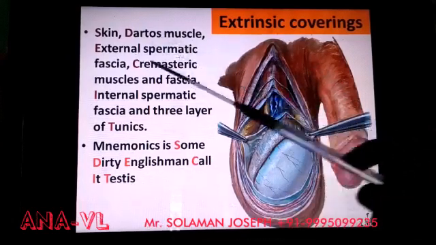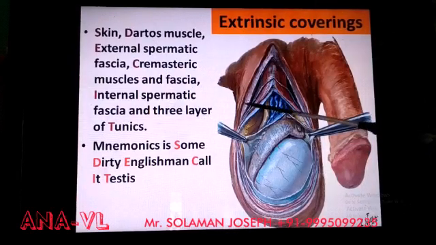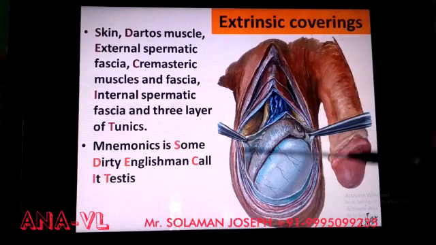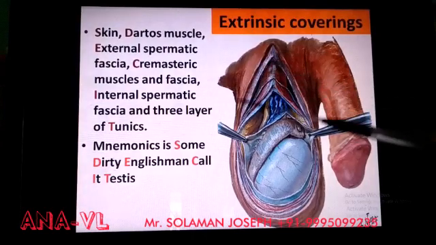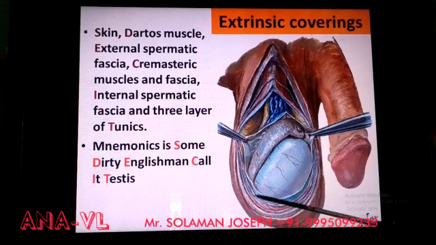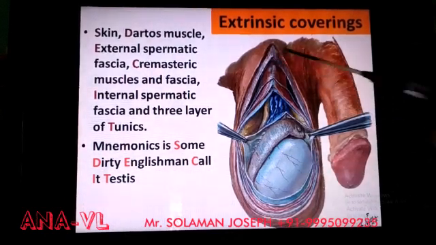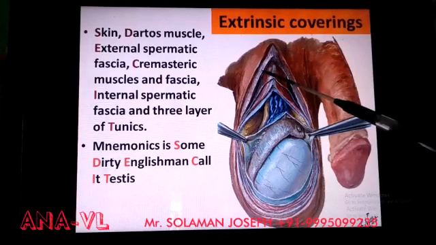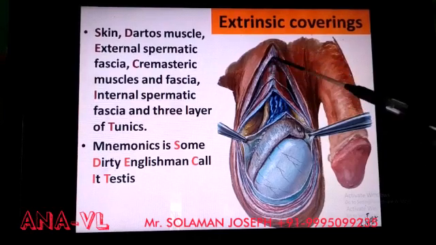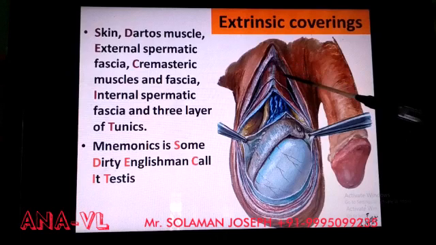Here we can see skin, dartos muscle, external spermatic fascia, then cremasteric muscle, internal spermatic fascia, and three layers of tunics. The outermost covering is the skin. Just inside the skin is the muscular layer called the dartos muscle.